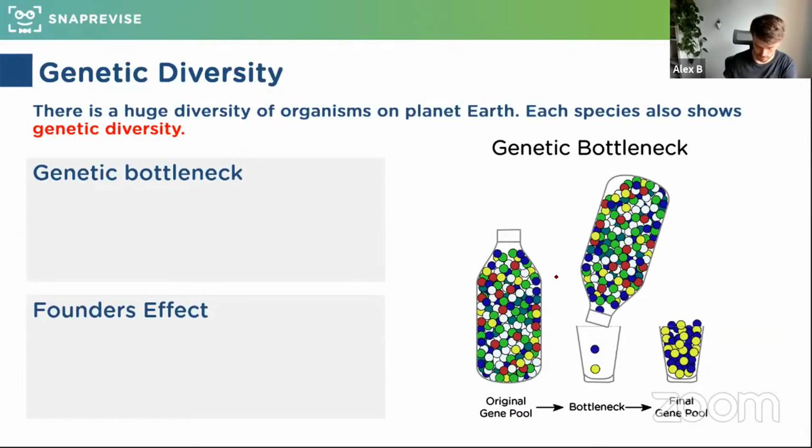So we quite often model this with different colored marbles or beads representing the different alleles. So this is the population pre-catastrophe. Maybe it's a flood or a fire, something like that. Then there's a catastrophe. Only 2 of the whole population survive. So that's the alleles that are remaining.